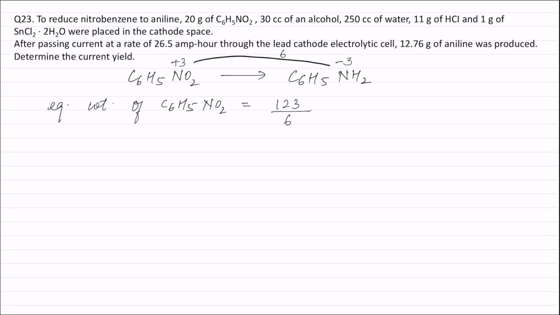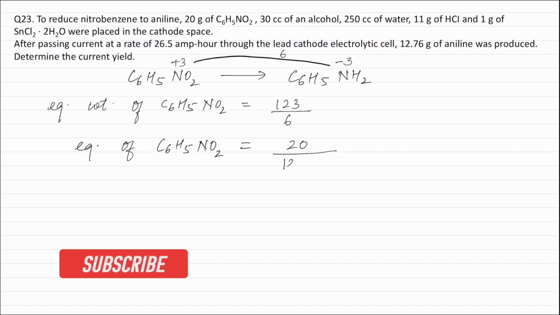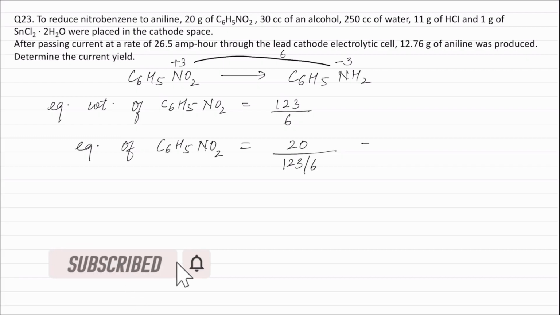Now, if the entire 20 gram of nitrobenzene changes to aniline, then equivalents of nitrobenzene will be equal to weight of nitrobenzene, that is 20, divided by equivalent weight of nitrobenzene, that is 123 divided by 6, and this is equal to 0.9756 equivalents. Now equivalents of nitrobenzene will be equal to equivalents of aniline.